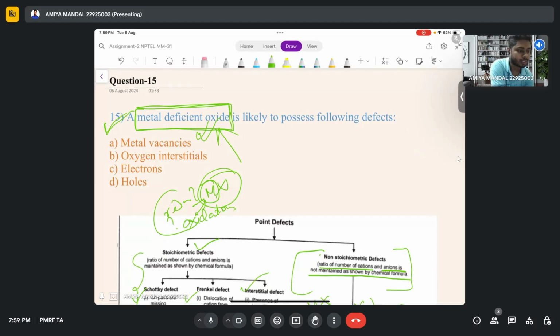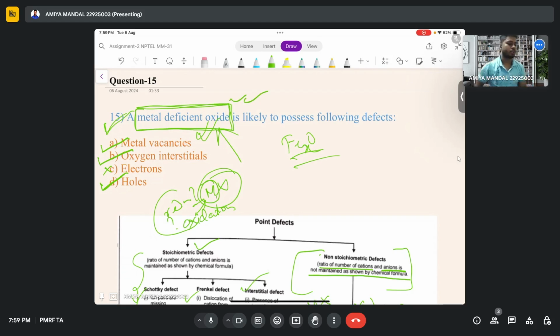Based on this defect, we have approached the answer. What type of vacancies? There must be metal vacancy, just like iron oxide. Oxygen interstitials for balancing the two electrons. Electrons will not be there, but holes will be there. So these three options are correct for metal deficiency defect.